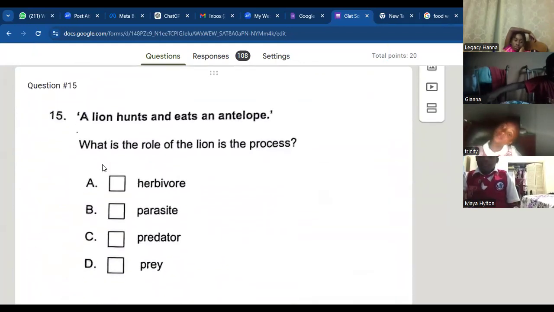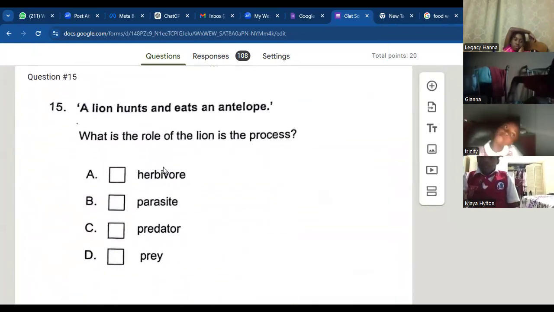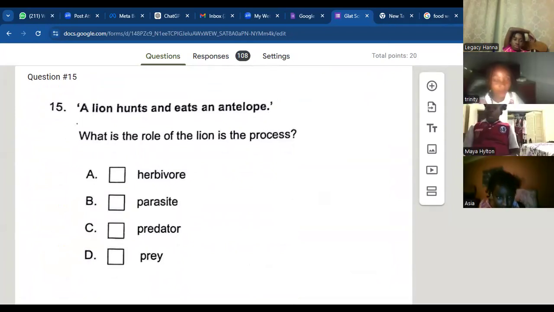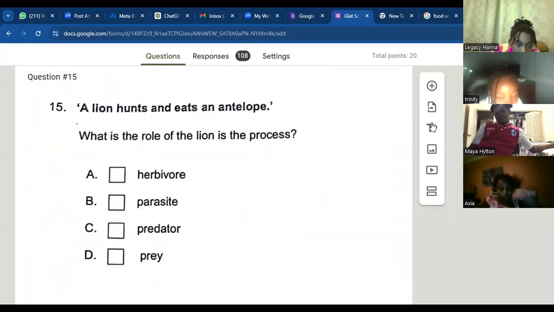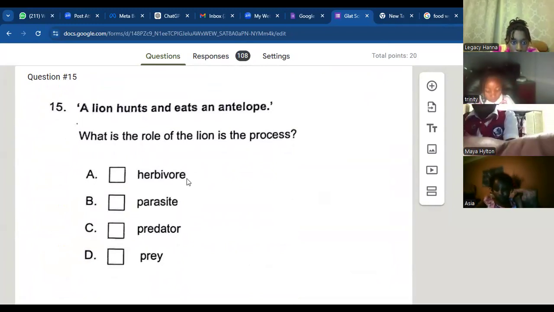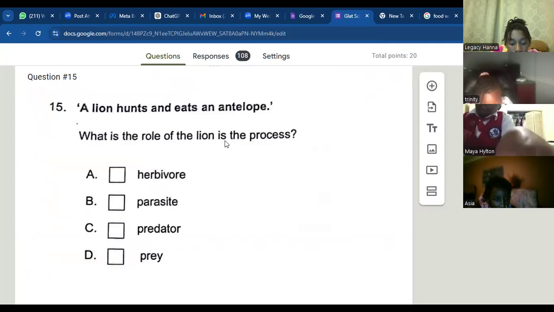Let's move on to number 15. Kylie, can you read number 15? A lion hunts and eats an antelope. What is the role of the lion in the process?